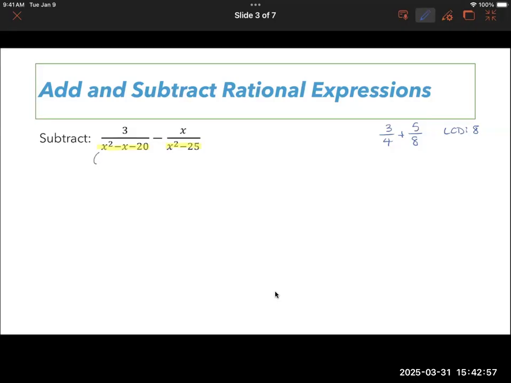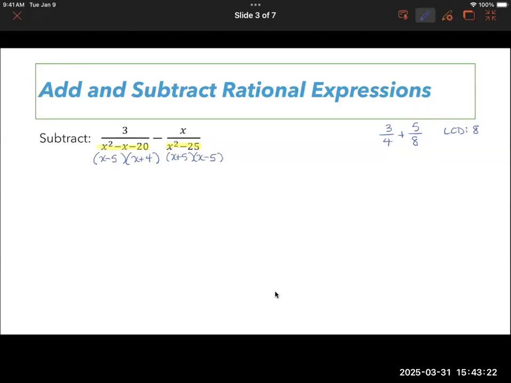So x squared minus x minus 20 will factor into x minus 5 and x plus 4. Our x squared minus 25 is a difference of squares, and that will factor into x plus 5 and x minus 5.